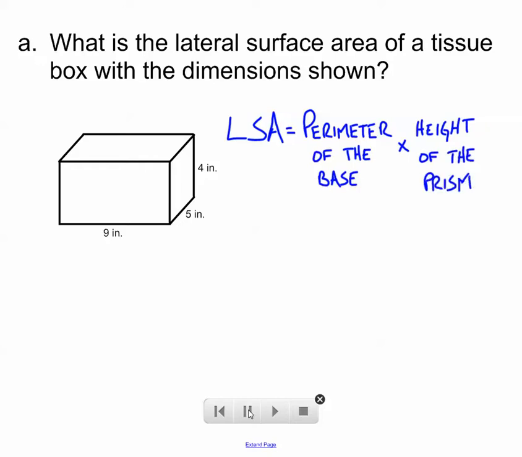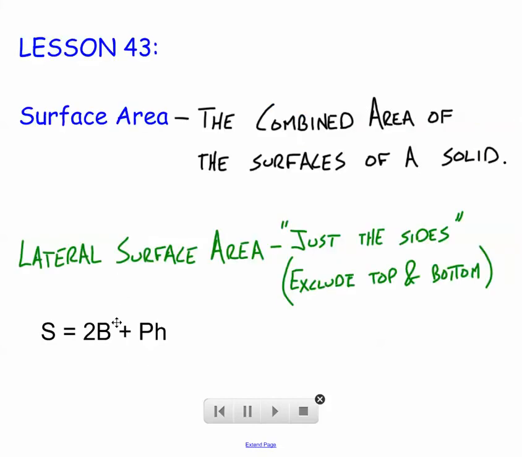We can simplify that and just make it P times H. And that should look familiar. That formula that I just gave you, right here, pH, perimeter of the base times height of the prism. That's lateral surface area. 2 bases and the lateral surface area makes up the surface area.